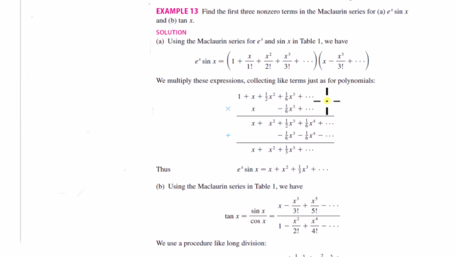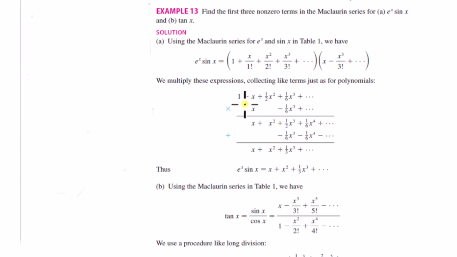You might want to include more terms. The whole idea is that once you do the multiplication, we want to see the first 5 or 6 or 7 terms of the resulting product, and ideally see a pattern with that.